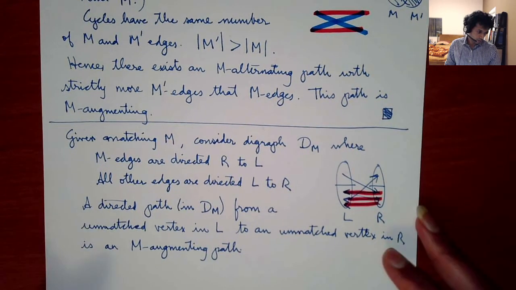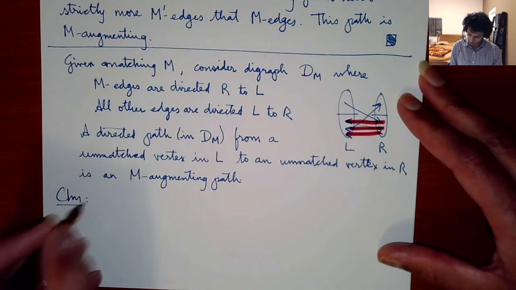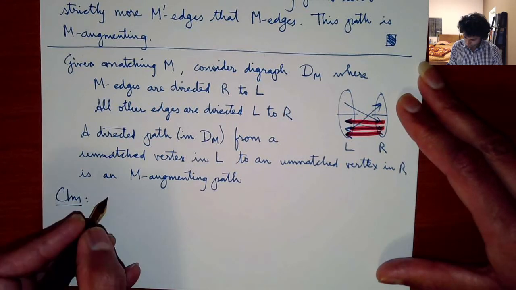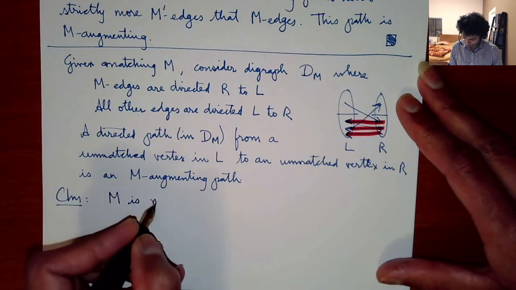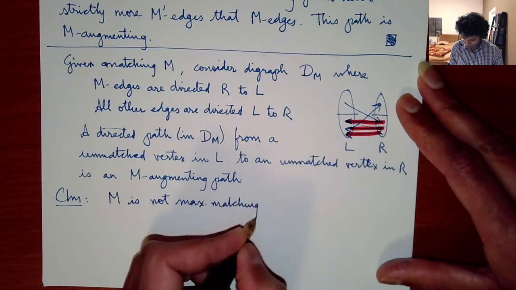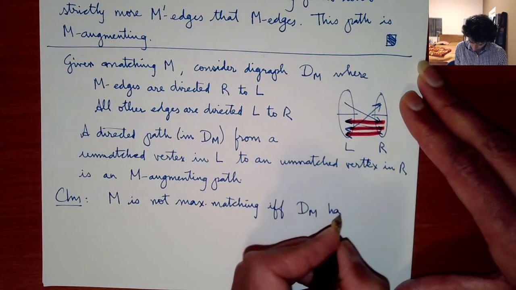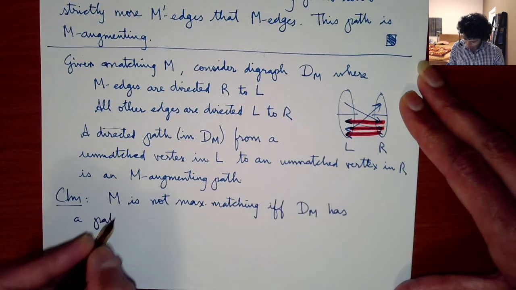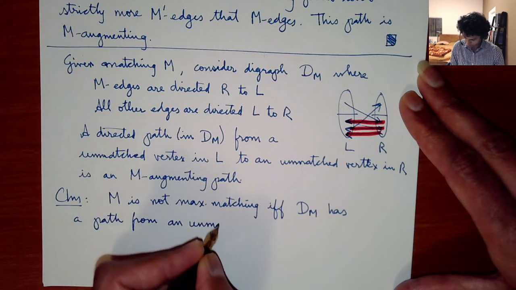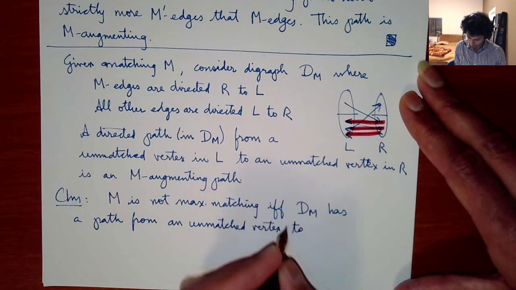And so this gives, I'm just going to state this as an explicit claim, that M is not a maximum matching if and only if DM has a path from an unmatched vertex to another unmatched vertex.